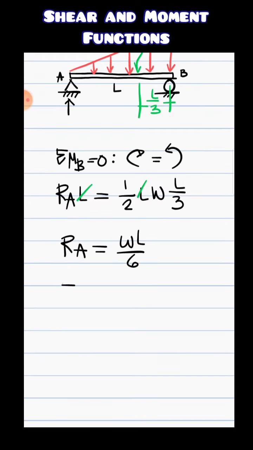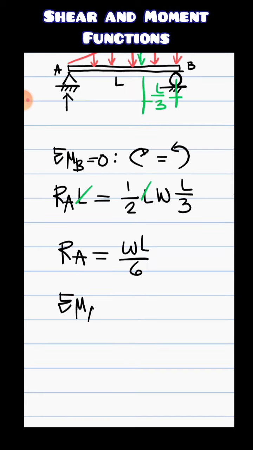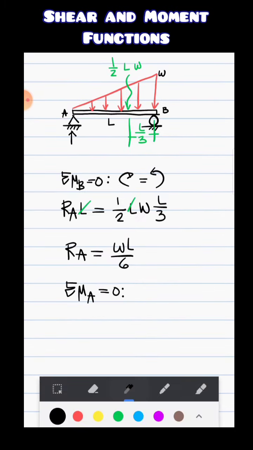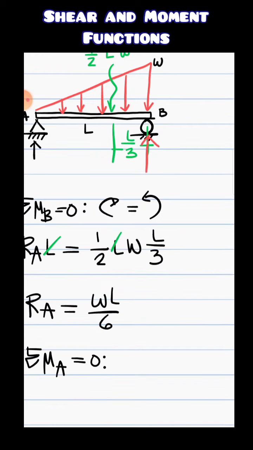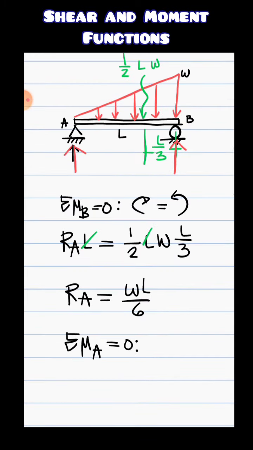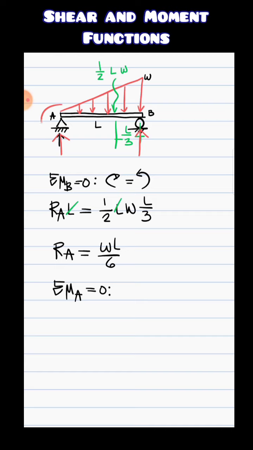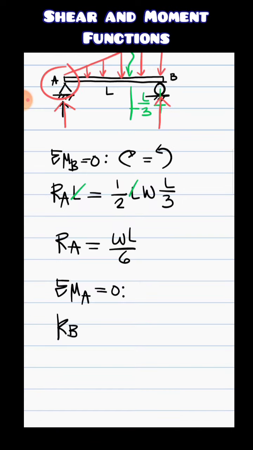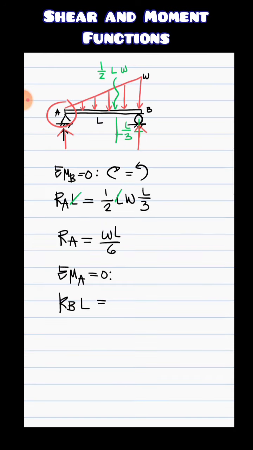For the reaction at B, let's do the sum of the moments at A equal to 0. Again, assume that this reaction is going upwards. RB L would be our first moment about A, and this load causes the opposite direction: this causes counterclockwise, while the load causes clockwise about A, so they are equal.